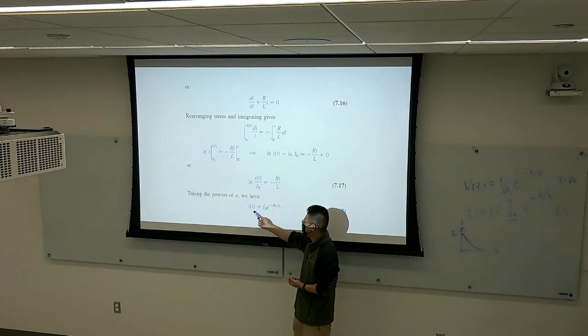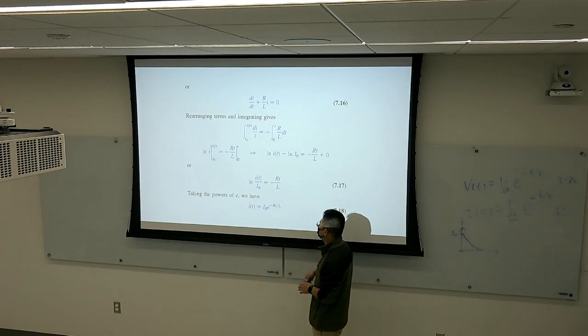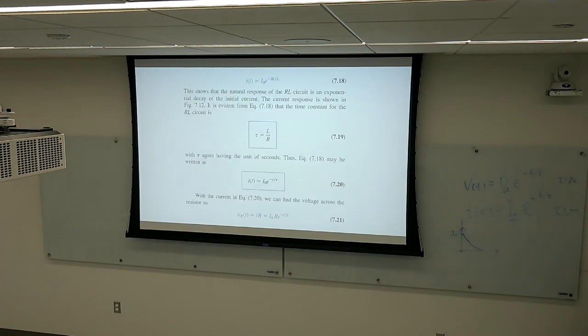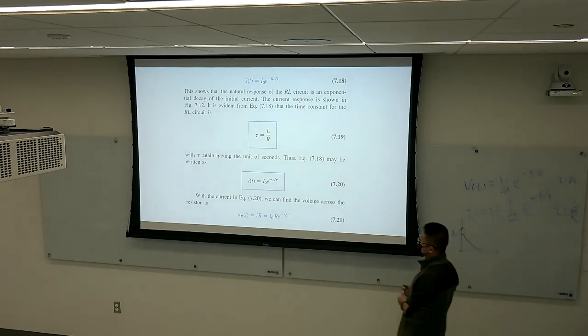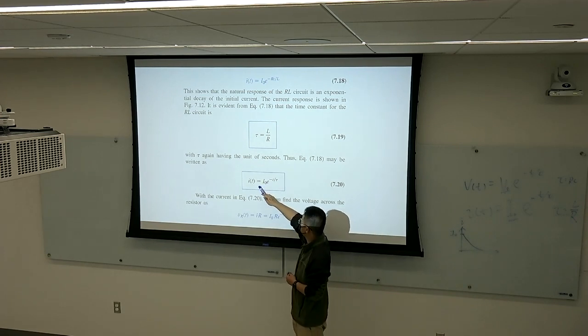This expression is for the inductor current. Here, I0 is the initial current of the inductor. Here we have t over L over R, so tau here is L over R. So the inductor current can be written as I0 times e to the negative t over tau.